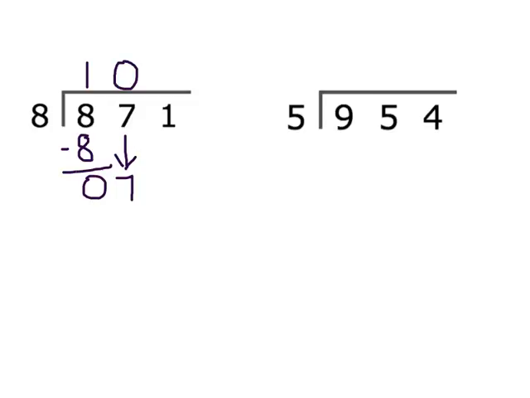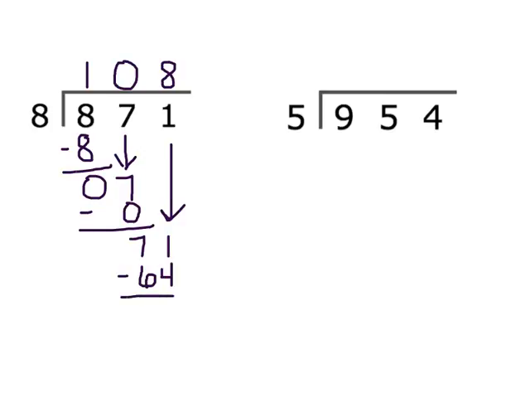0 times 8 is 0. Subtract. 7 take away 0 is 7. And now bring down my 1. And then I ask myself, how many times can 8 go into 71? Well, 8 times 9 is 72, but that would be too large. So it couldn't be 9, so it would have to be 8. So 8 times 8 is 64.